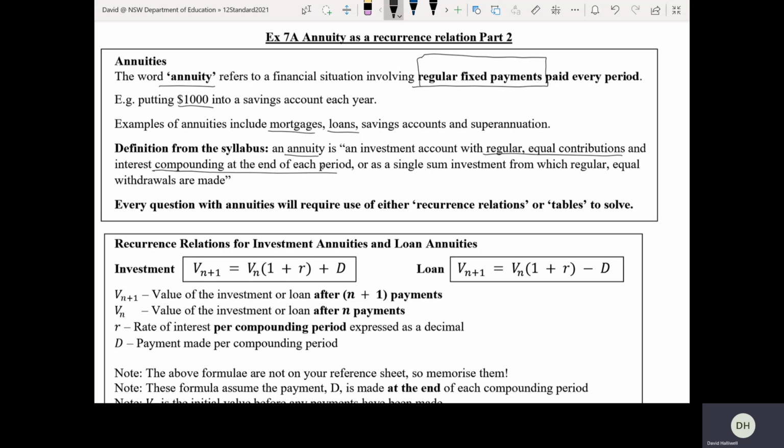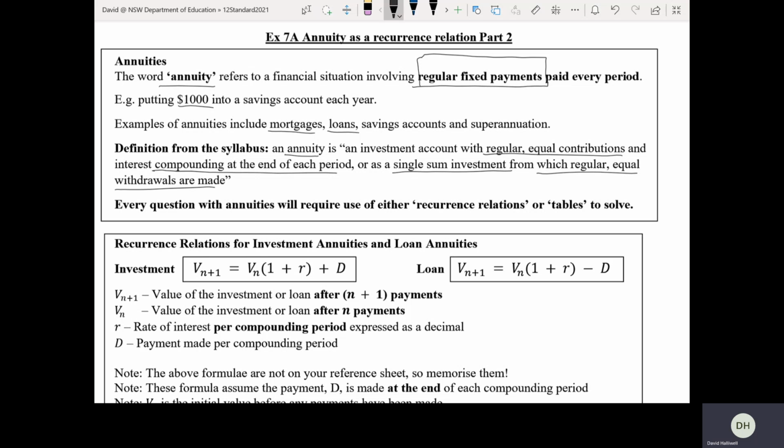And it also points out that the interest is compounding at the end of the period. Or alternatively, it's a single sum investment from which regular equal withdrawals are made. So the key part here is regular equal contributions or regular equal withdrawals.